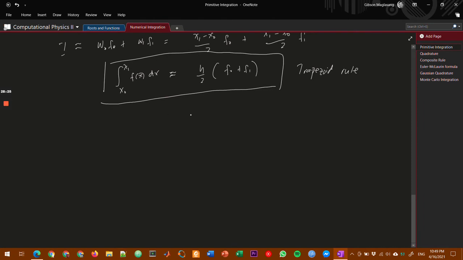So for example, if I have a function, gi-approximate again siya using a trapezoid. So you have your x naught here, and this is your x1, right? So gigamit na niya ang trapezoid.